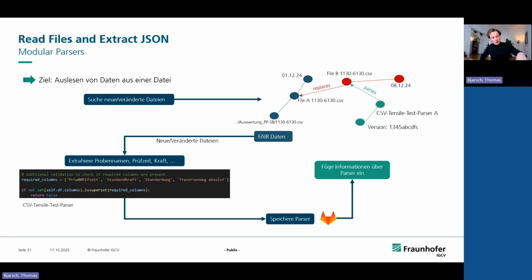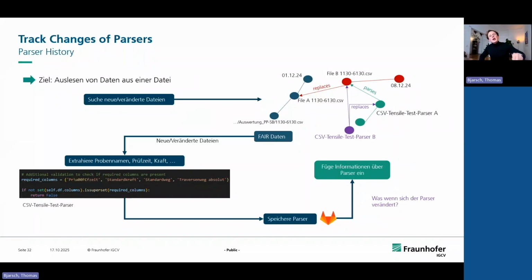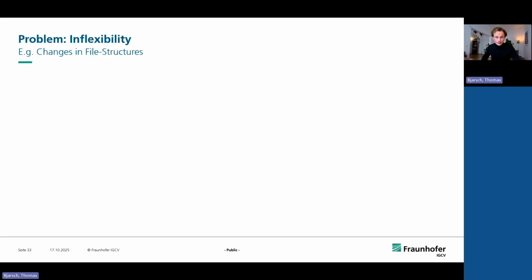What happens if the parser changes? The same as with the files. If the parser changes, the new parser parses the old file, and this information is also added to the triple store, so that the new parser replaces the old parser and now parses the old file. So we also track this.